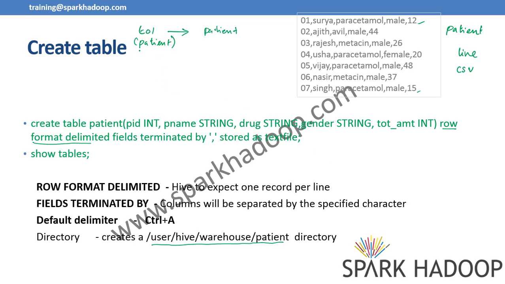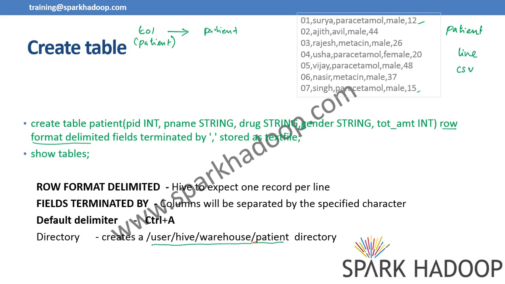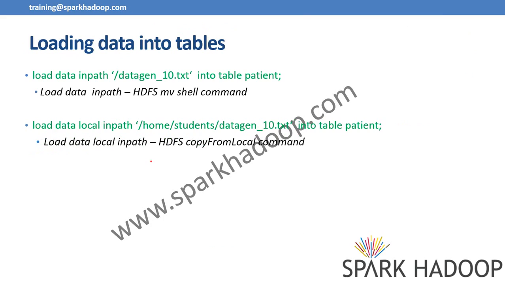So this patient table is mapped to this directory. When you hit show tables, it will show there is a table called patient in the Hive mappings. We have created a table.